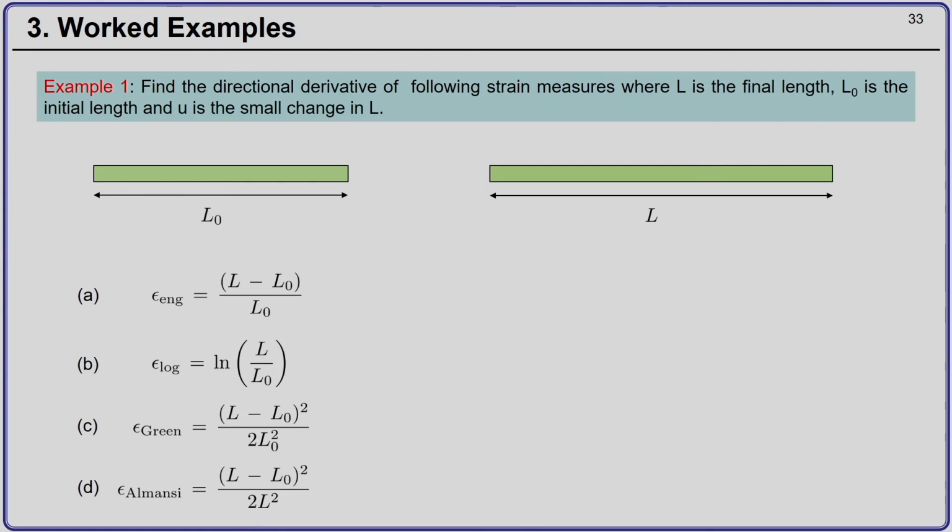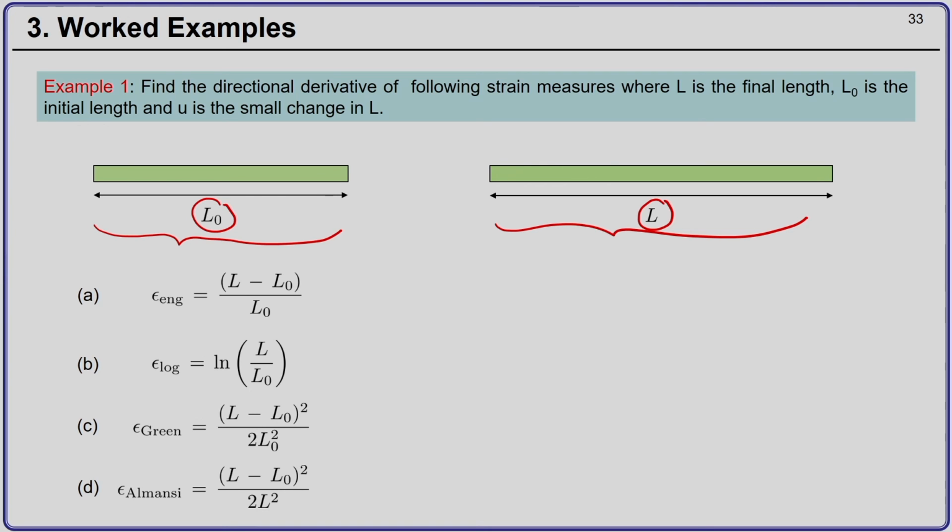Consider that you have a rod of initial length L0, and under the action of external loads, the rod elongates and the current length of the rod is L. Now, you can define different kinds of strains.